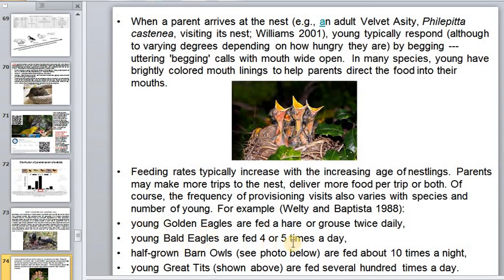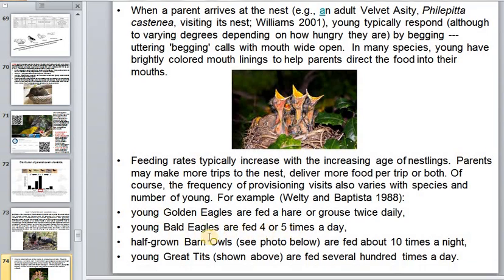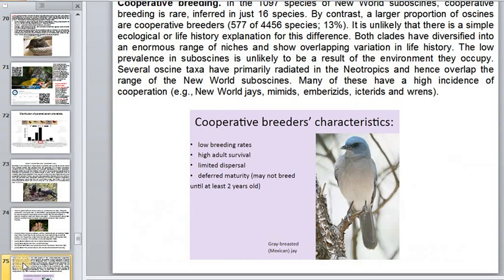And here we can find how many times big birds can feed their babies, like twice a day, but very often it takes almost 100 times a day, and we can find this information in the next slides if you want to know more.